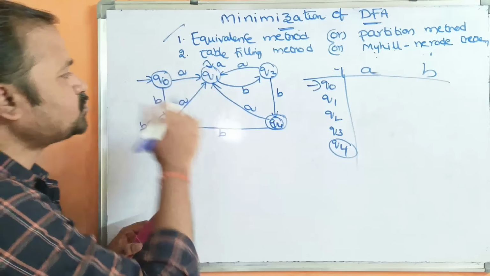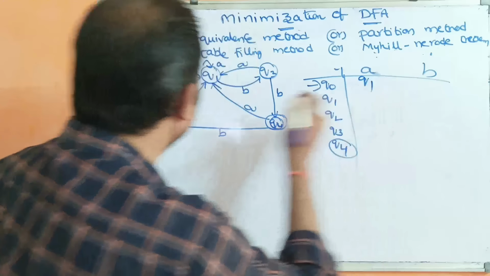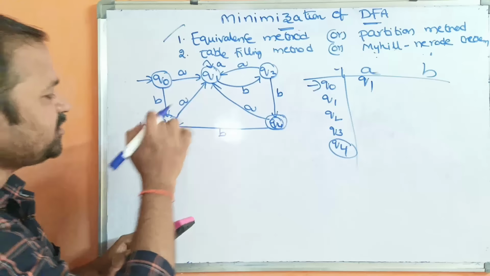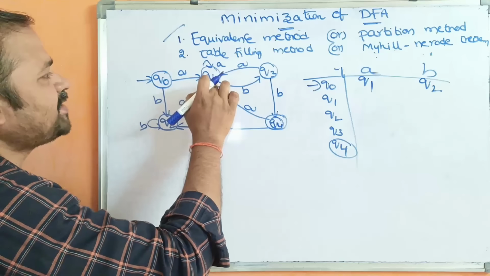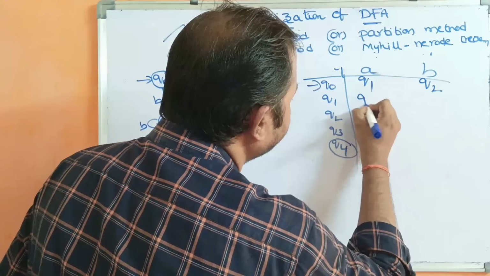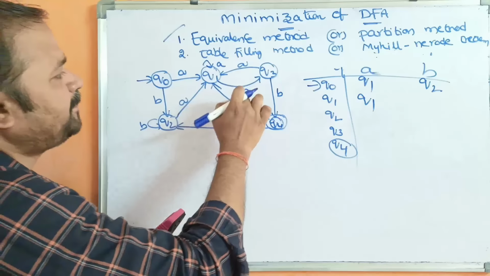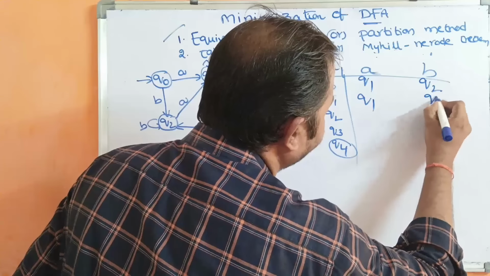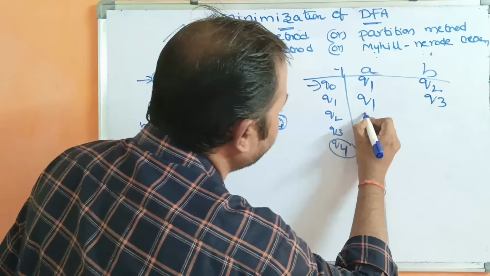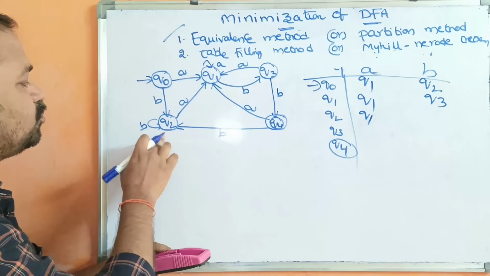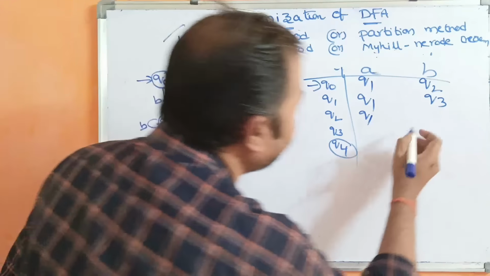Q0 on A goes to Q1, Q0 on B goes to Q2. Q1 on A, Q1 only. Q1 on B goes to Q3. Next, Q2 on A goes to Q1, Q2 on B, Q2 only.